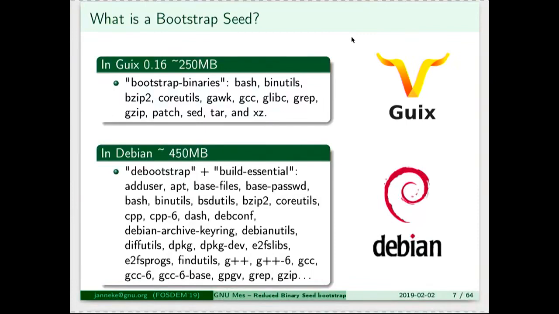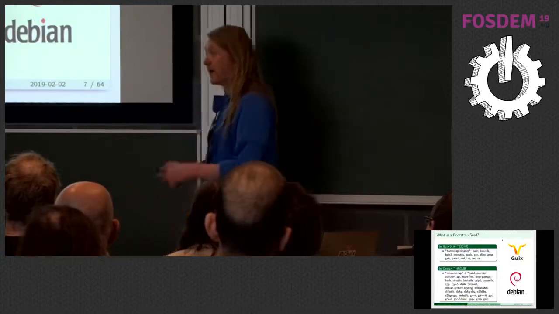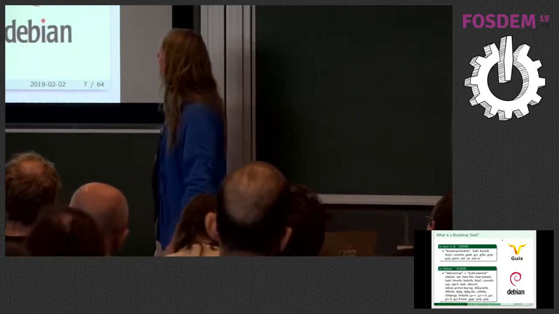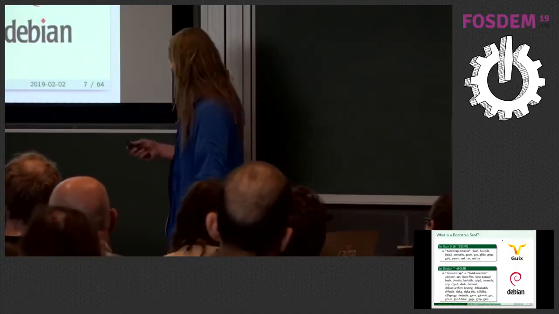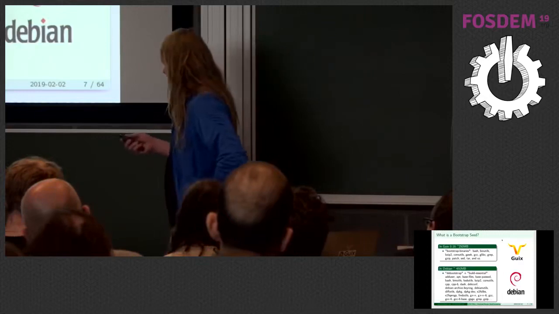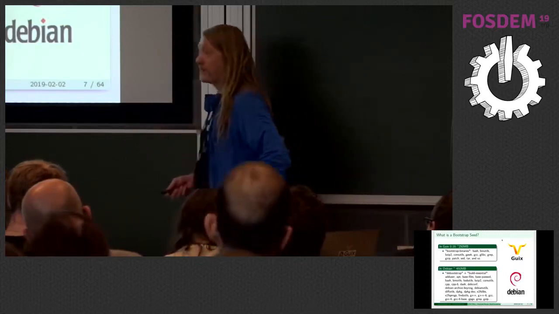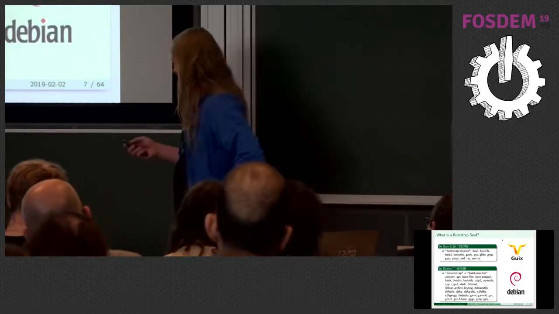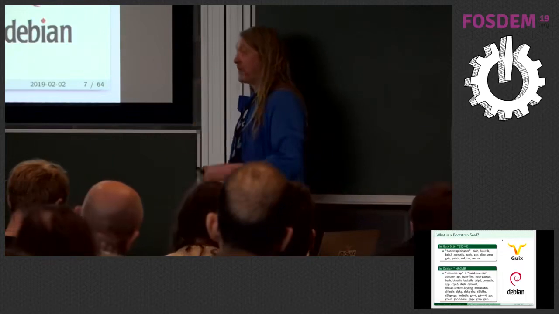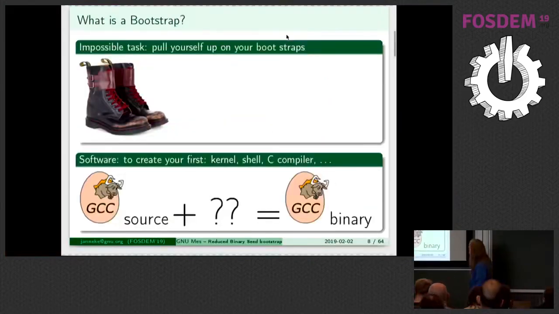So that's a pretty small seed compared to the rest of the whole distribution, but it's still pretty large. If you look at more traditional distributions, you see a similar set, but it's almost twice, 3 times larger even. And this is a trusted set of binaries that we are all taking for granted.